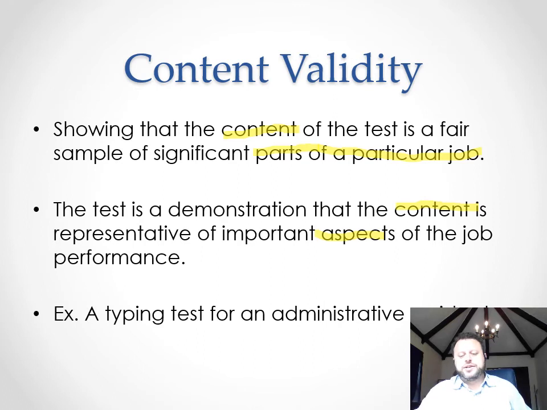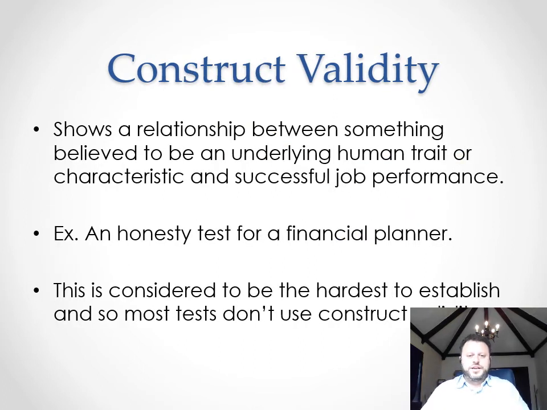Next and finally is construct validity. With construct validity, and this is the hardest to establish, is there a relationship between an underlying human trait and successful job performance? So what's a human trait?